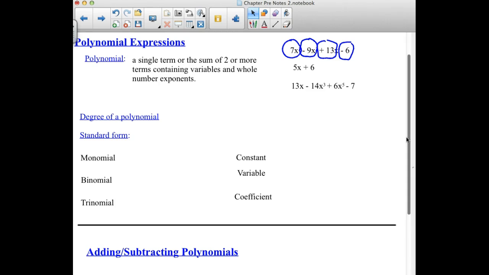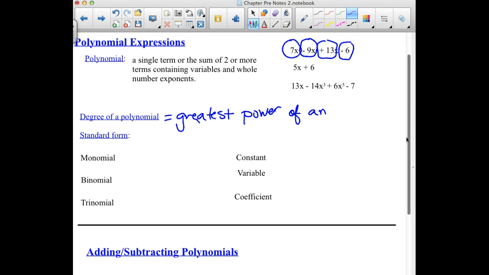The degree of a polynomial is your highest power. If there's more than one variable, you actually have to add the exponents in each term.